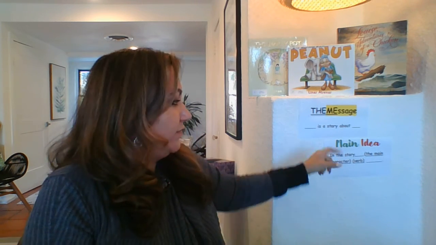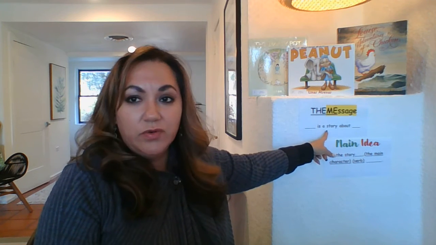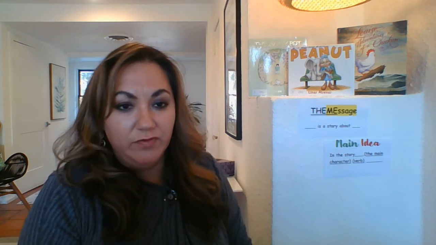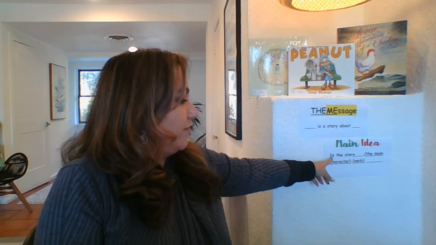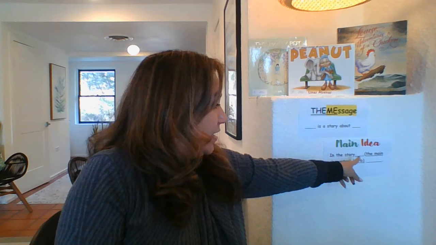All right, so let's look at Louise the Adventures of a Chicken. Louise the Adventures of a Chicken is a story about belonging. Okay, so that's a very generic statement that could be used with a number of different books. When we read the story, we found that Louise the Adventures of a Chicken is about Louise, who longs for adventure, but realizes she belongs with her friends on the farm who love her.